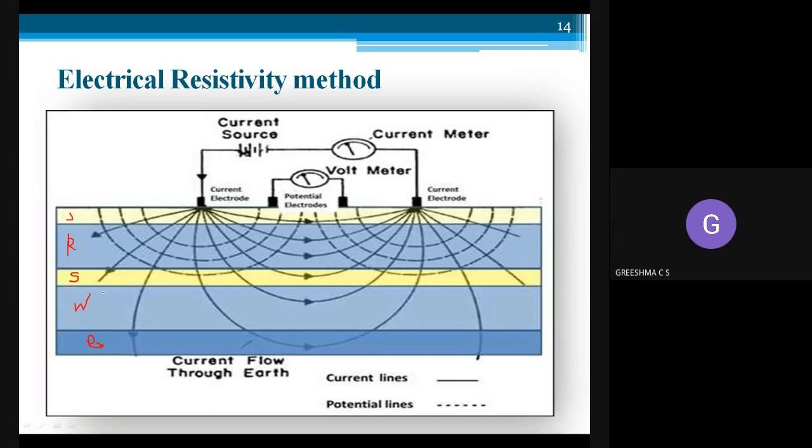We can calculate the depth of the water table from the earth's surface, and also find out the different strata lying below, such as which type of sand it is, what kind of rock, its chemical composition, what minerals it contains, and how it behaves.